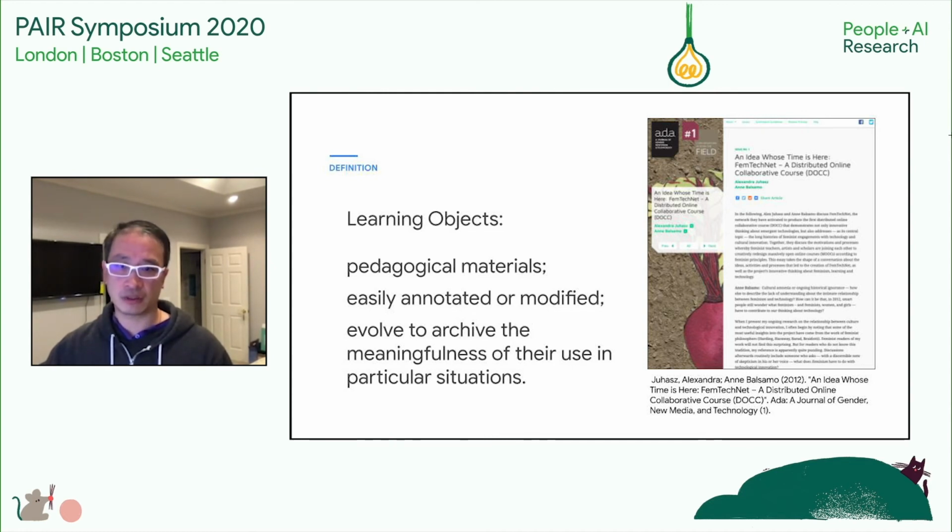In particular, she was talking about this in terms of a distributed collaborative course and how objects within that course turn into essentially pedagogical materials that can be easily annotated and modified and passed around. And more importantly, that these materials can evolve to archive the meaning of their use in particular situations.